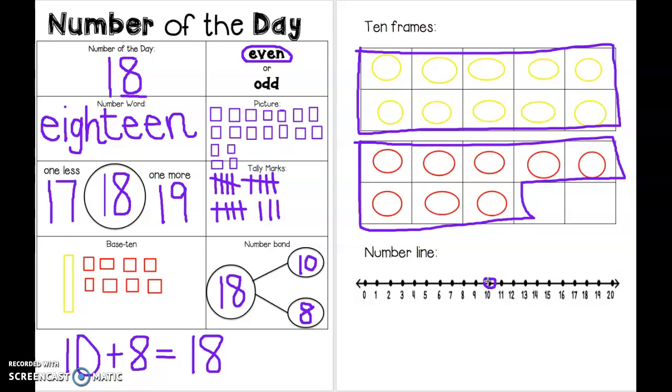So I'm going to hop 8 times because I'm going to count on 8 more. 1, 2, 3, 4, 5, 6, 7, 8. And where did I stop? I stopped at 18. That's the same number I got when I joined my counters, right?